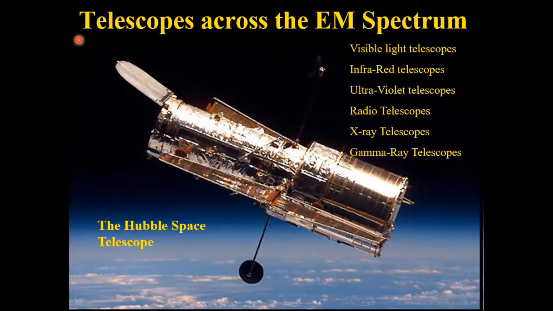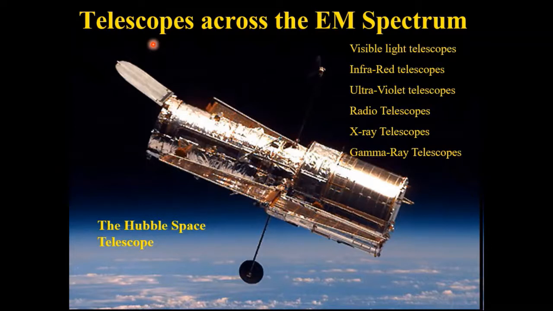Telescopes have been designed to allow us to see the universe across the entire electromagnetic spectrum. So remember what we learned about the electromagnetic spectrum is that the visible light that our eyes can see is only one tiny sliver of the whole spectrum. So most of the universe is invisible to us, but we can build telescopes that are sensitive to different parts of the spectrum to allow us to see the invisible universe.